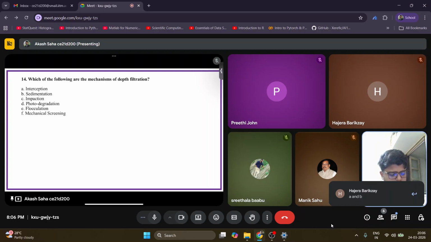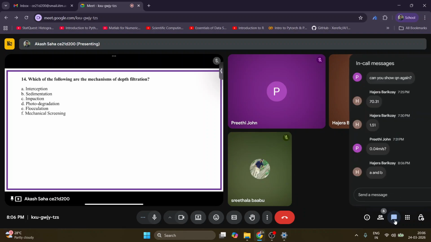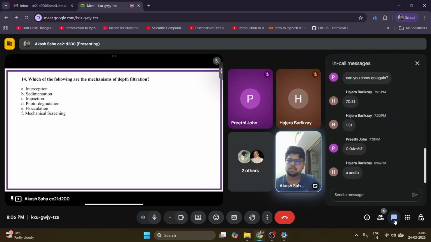Any other answer? So only two mechanisms, A and B.